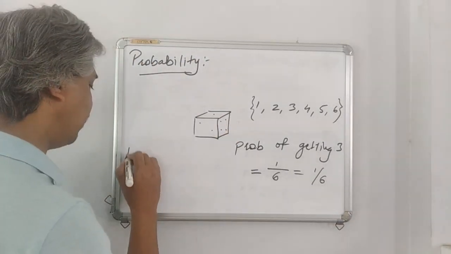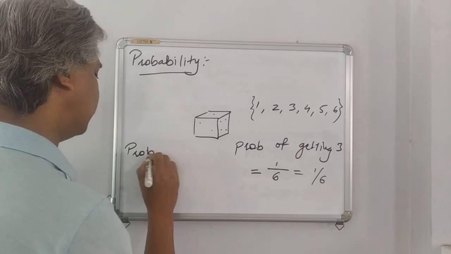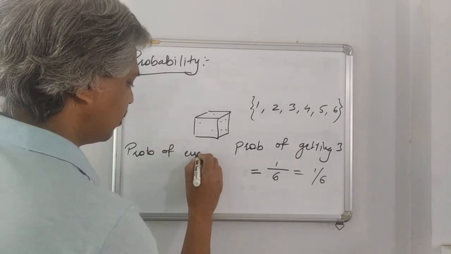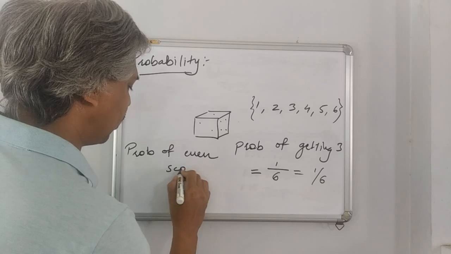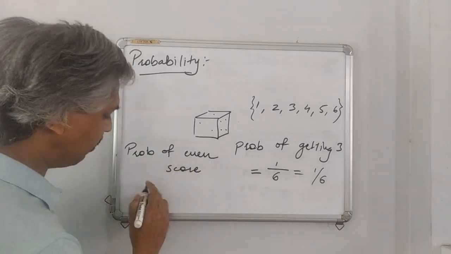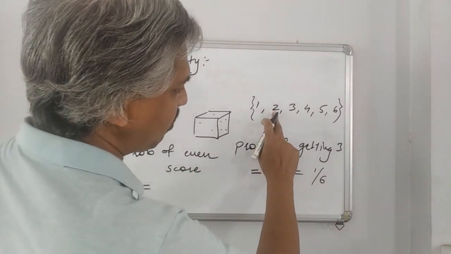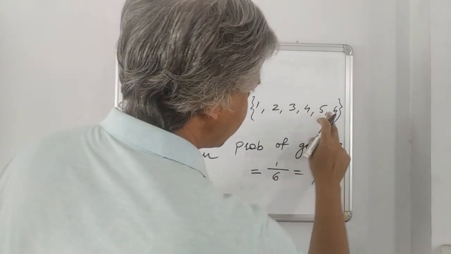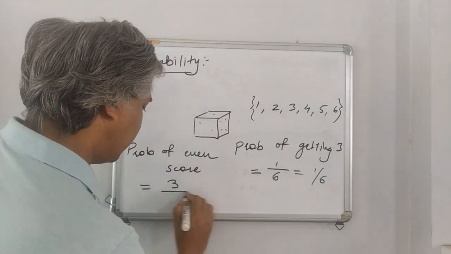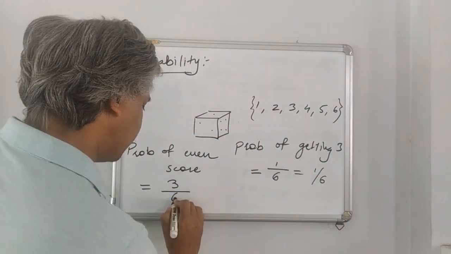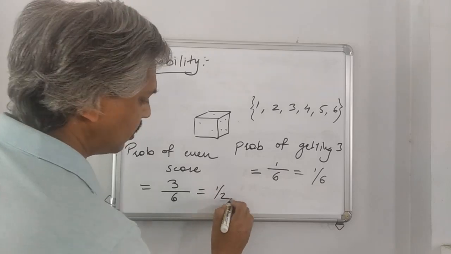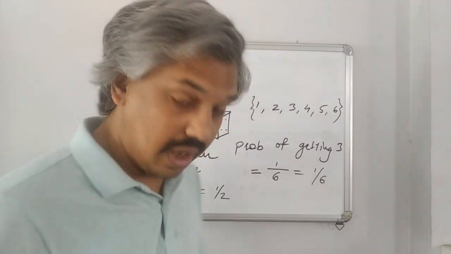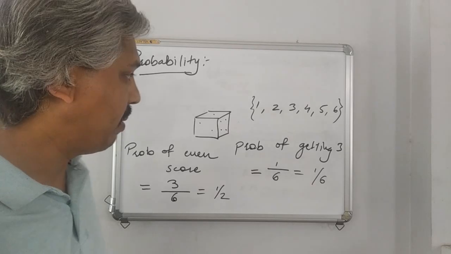The probability of getting an even number as score. The probability of an even score is equal to, how many even scores are possible? 2, 4 and 6. Divided by the total number of scores. In this way we are finding out the probability.